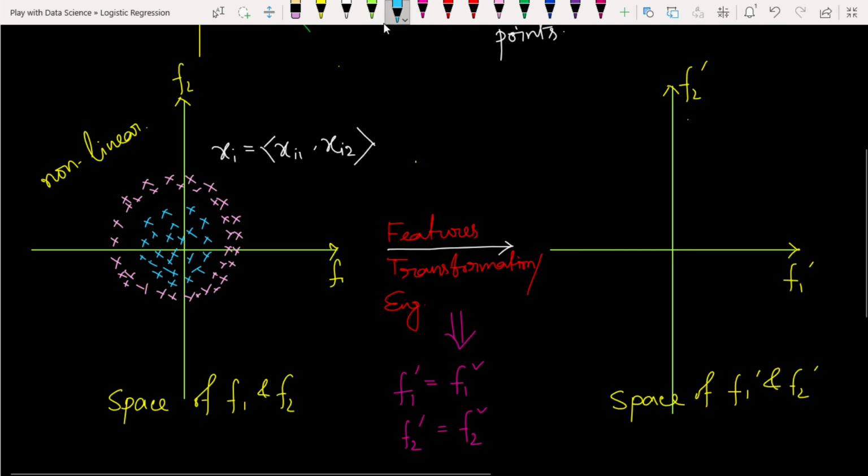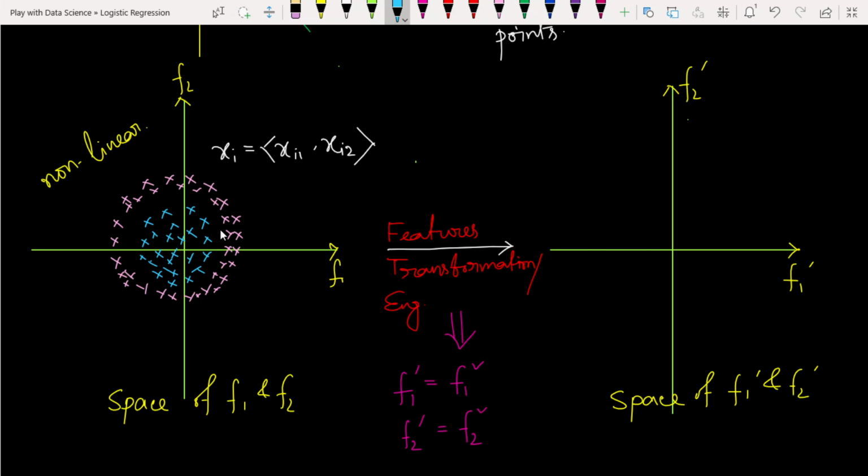If we take the blue data points, we are converting to f1 square and f2 square, which means all the data in f1 space and f2 space are converted to positive only. If f1 is negative on this side and positive on this side, and f2 is positive, then f1 square and f2 square mean we are transforming all the data into only the positive direction.